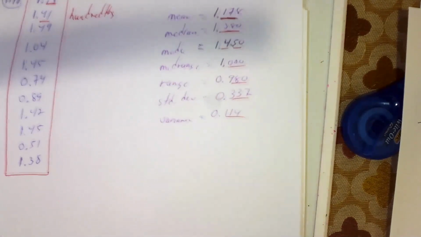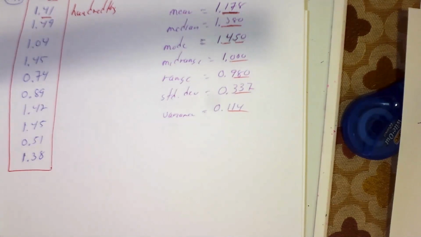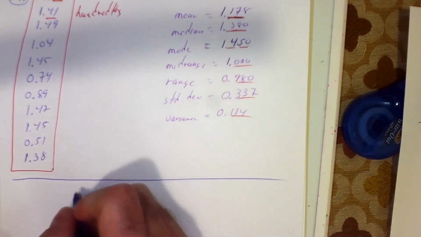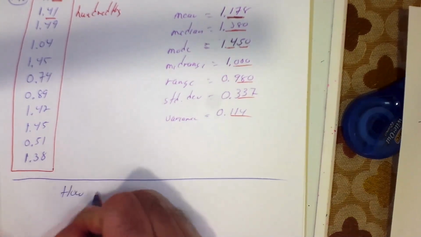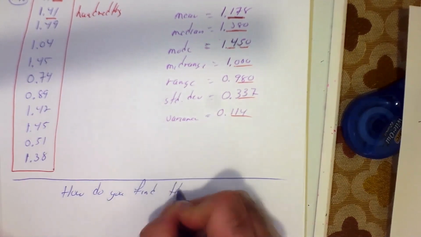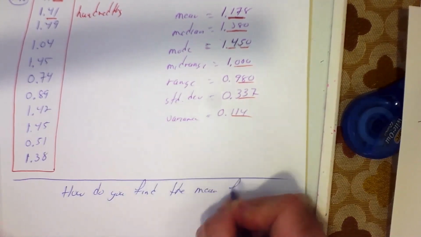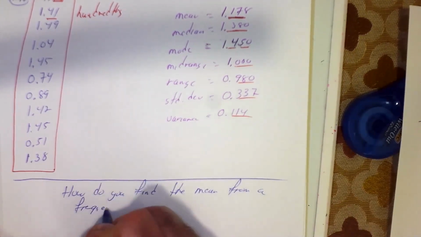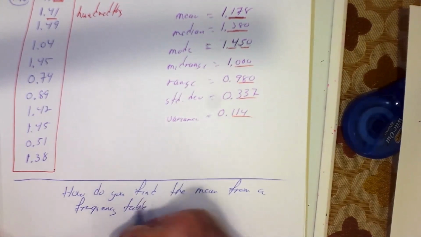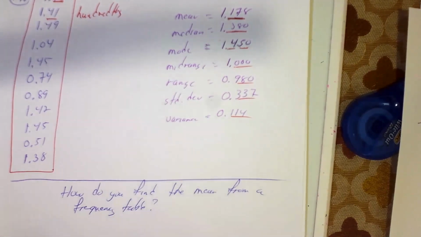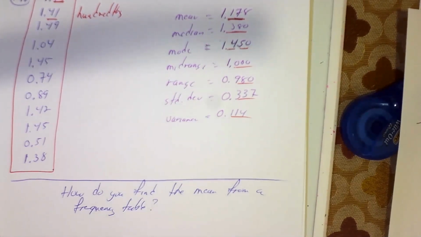Okay. So the next thing we're going to learn is how do you find the mean from a frequency table? All right, so let's look at the problem in your book.